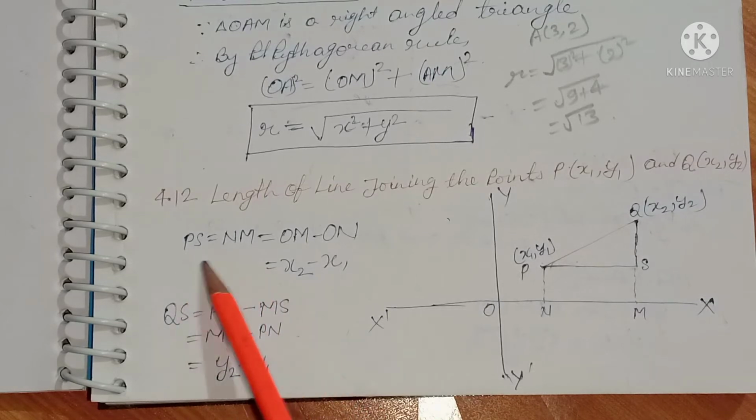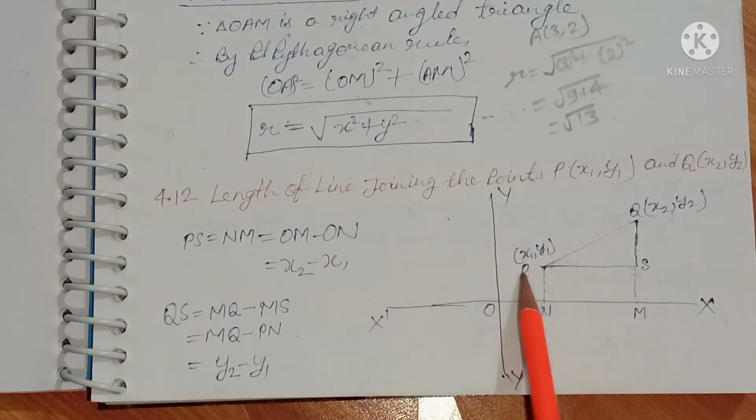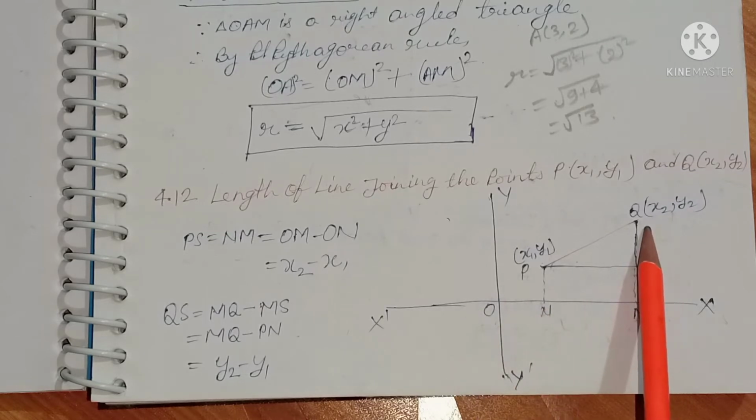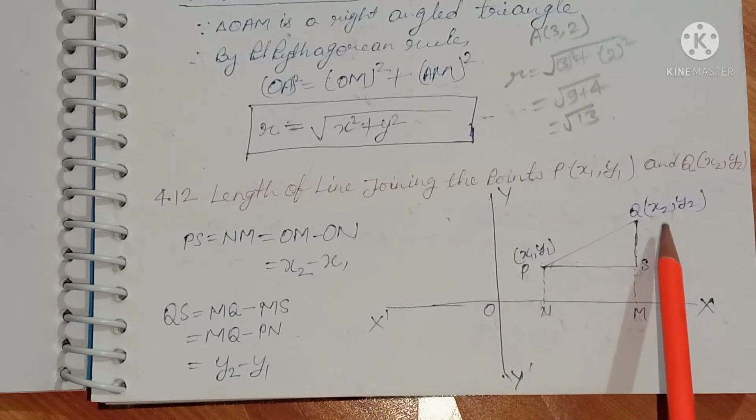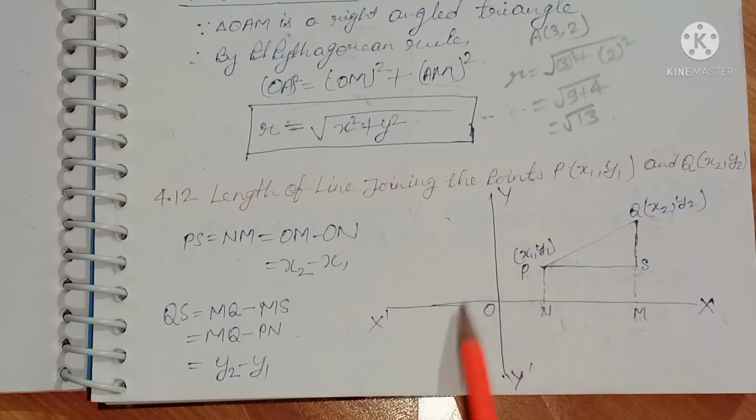Now you can see here PS. This distance PS is equal to NM. NM we can write as OM minus ON. Here OM is x2, because I already explained that the first coordinate represents the horizontal distance along the x-axis.